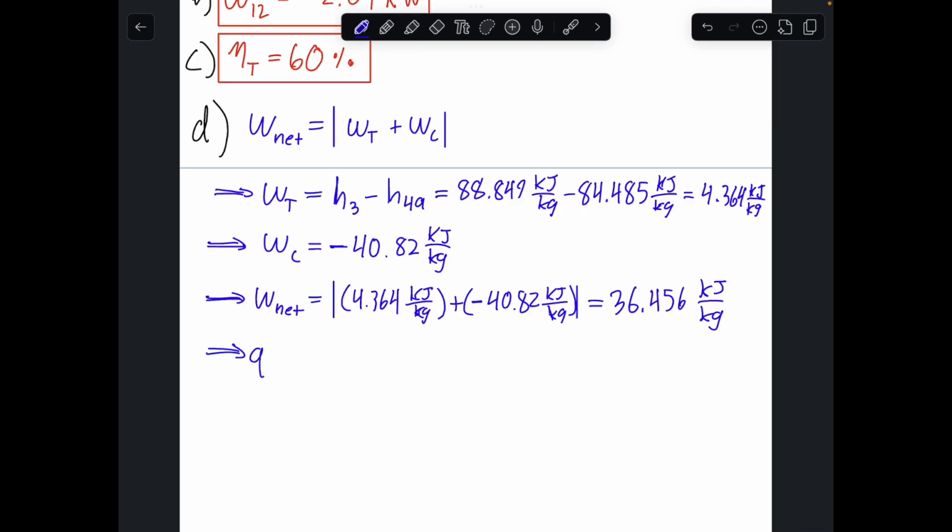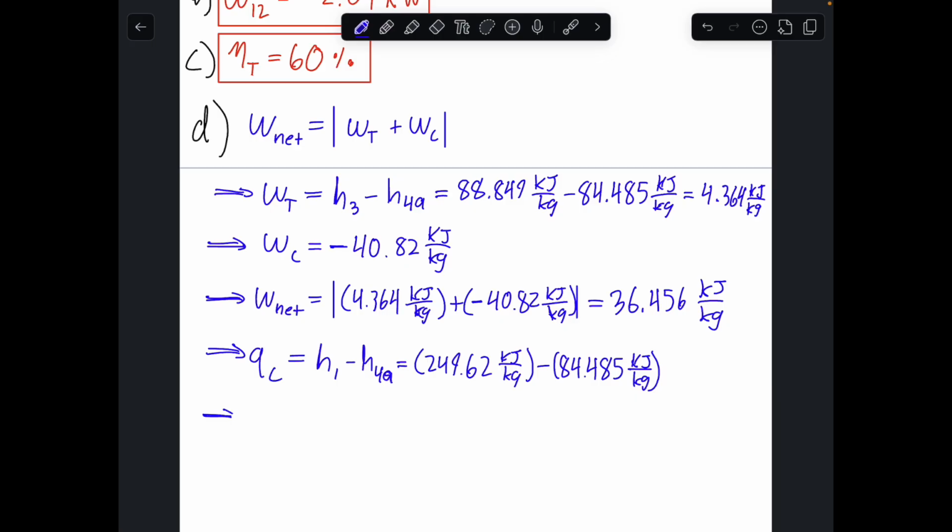So this is going to be our Q from 4 to 1, which is just our QC value, should be equal to H1 again minus H4A, which is equal to 249.62 kilojoules per kilogram minus our H4A, which is 84.485 kilojoules per kilogram.